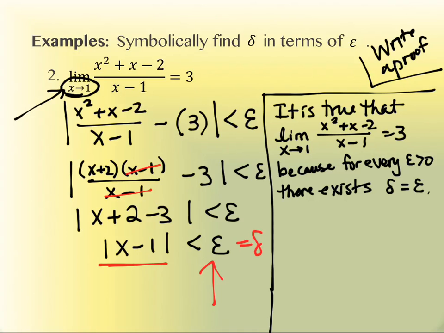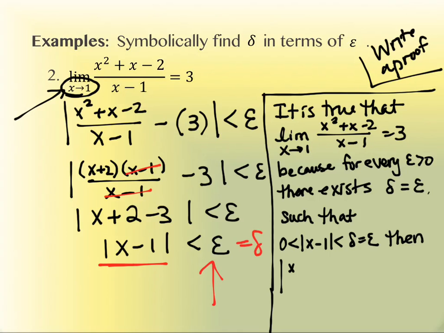Okay? Such that when 0 is less than the absolute value of x minus 1 is less, I did this last time, I ran out of space right here at this exact same spot, is less than delta equal to epsilon, or you could just say delta there or epsilon there, it would be okay, but they're equal. Then the function x squared plus x minus 2 over x minus 1, minus the 3, is less than epsilon.